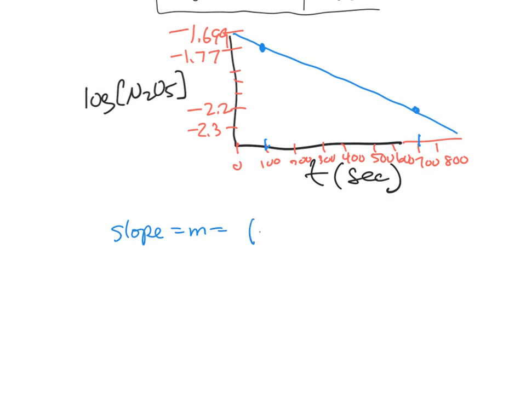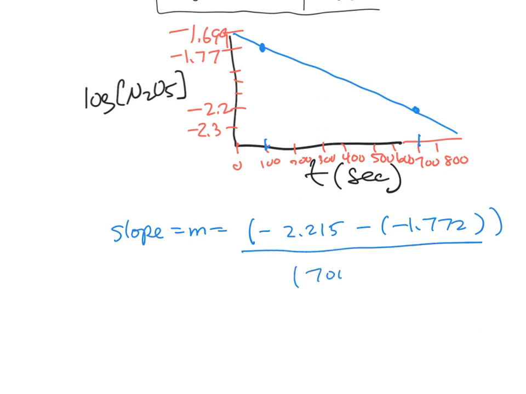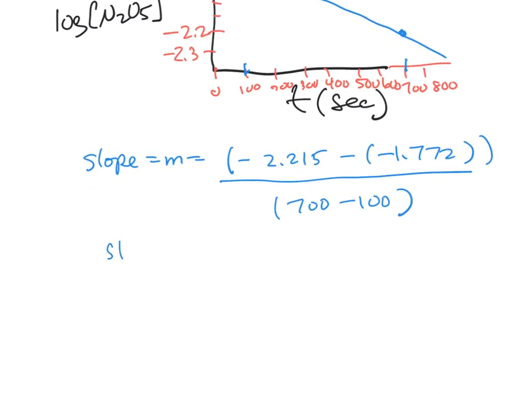And we'll take negative 2.215 minus a negative 1.772, and then divide that by 700 minus 100. So the slope here will be equal to negative 7.5 times 10 to the minus 4 seconds to the minus 1.